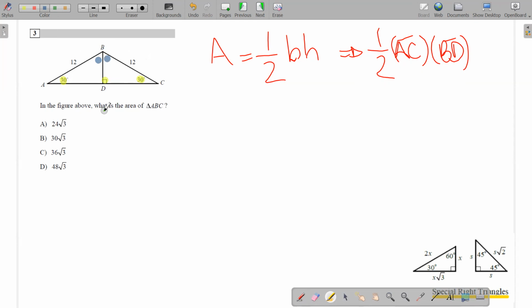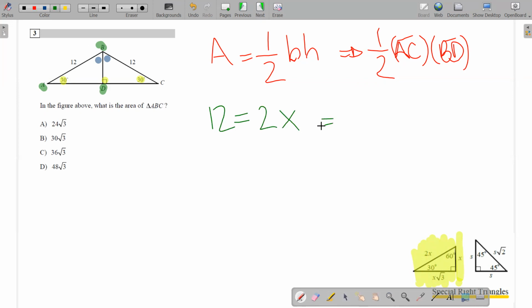So again, I can use a special right triangle to find the information that I want. Why? Because I can take the 30, 60, 90 special right triangle and compare it with one side. Let's say I compare it with the side ABD. So I know now that my hypotenuse is 12, and the comparison will be with 2x.